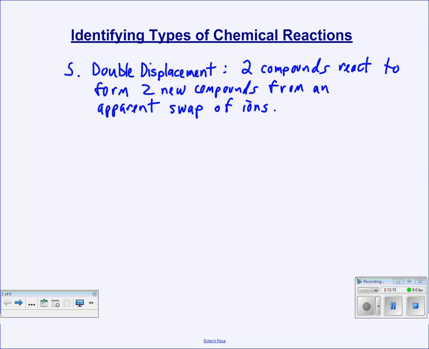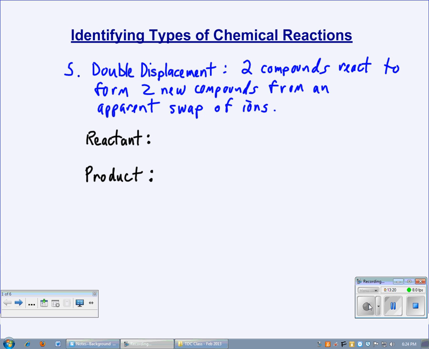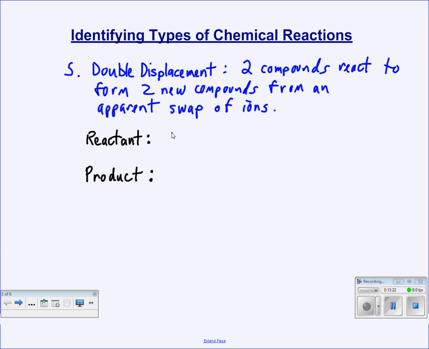We'll see how this happens in our example. So on the reactant side, usually we're going to see 2 compounds. Very often those compounds are ionic, but they don't have to be. And then on the product side, we will form 2 new compounds by a rearrangement of the members of the original reactants.